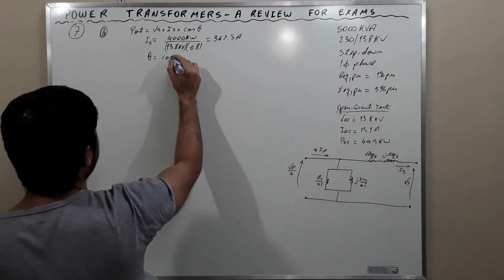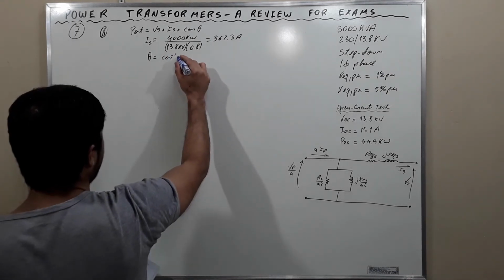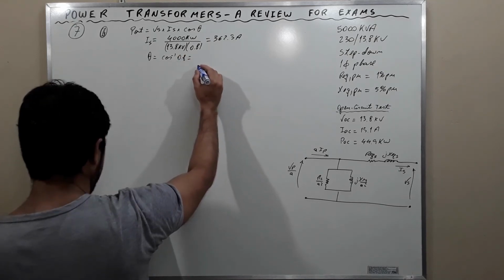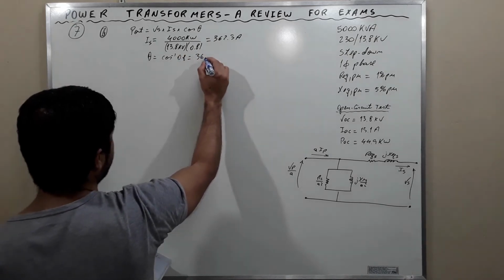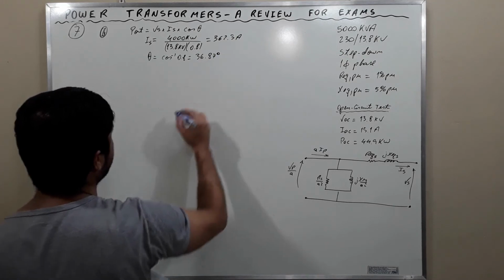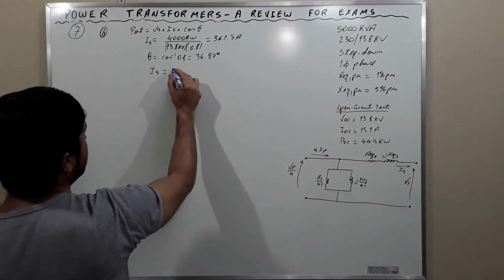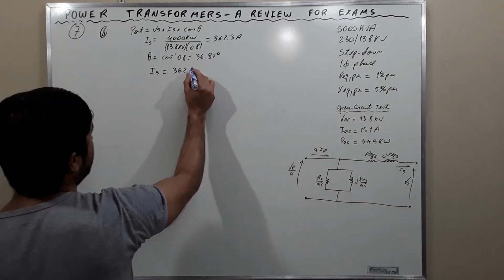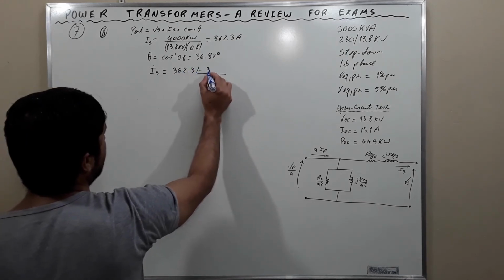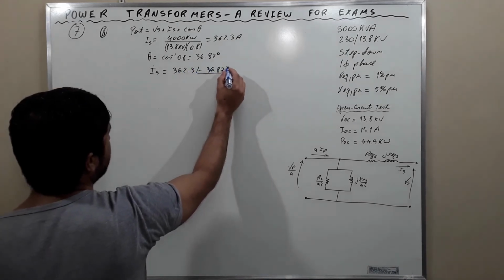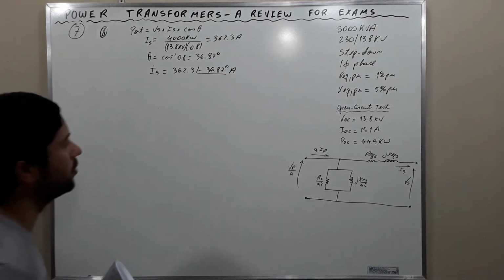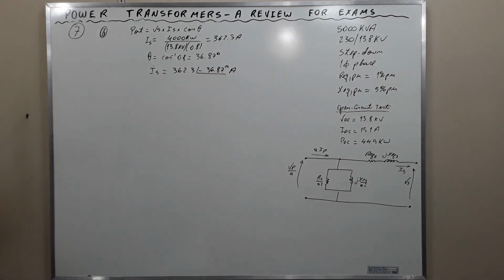The angle is the inverse cosine of the power factor, which is 36.87 degrees. The current phasor is 362.3 phase negative 36.87 degrees amperes. Inductive loads cause the angle of the current to be negative.